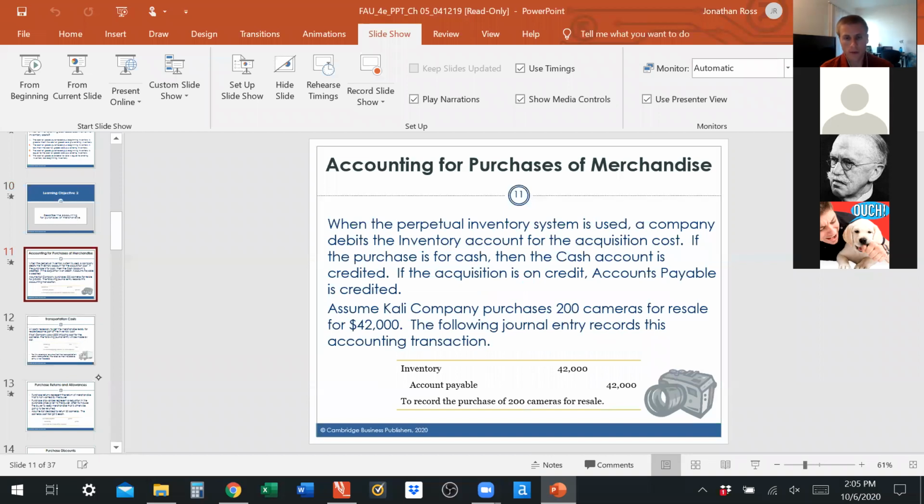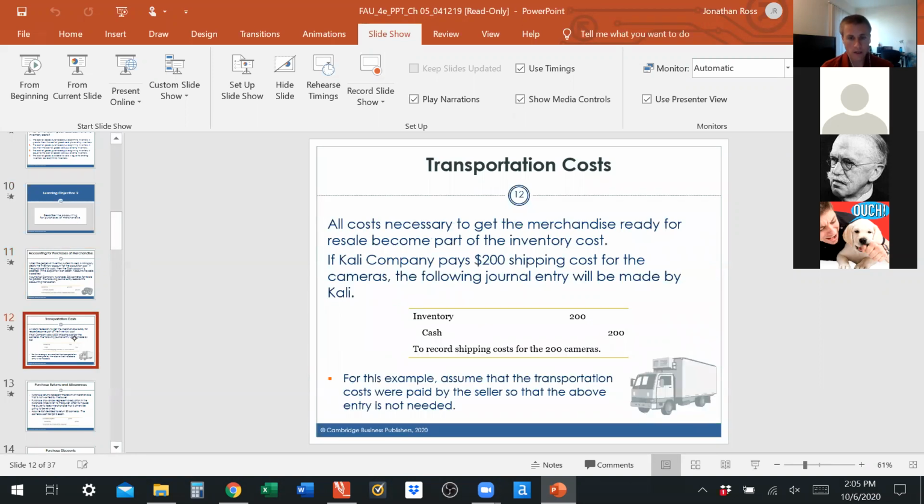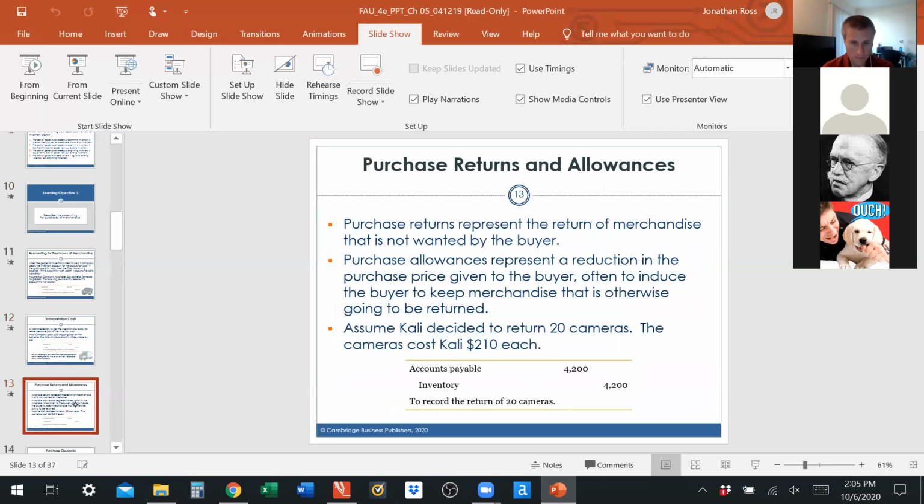Whether you're periodic or perpetual, when you purchase inventory, you debit inventory and you credit either cash or accounts payable. Whether you're periodic or perpetual, doesn't matter. If you have to pay for the shipping costs, you debit inventory, credit cash, so that doesn't change. When you are a periodic company and you return 20 cameras that you originally bought, you don't make a journal entry.